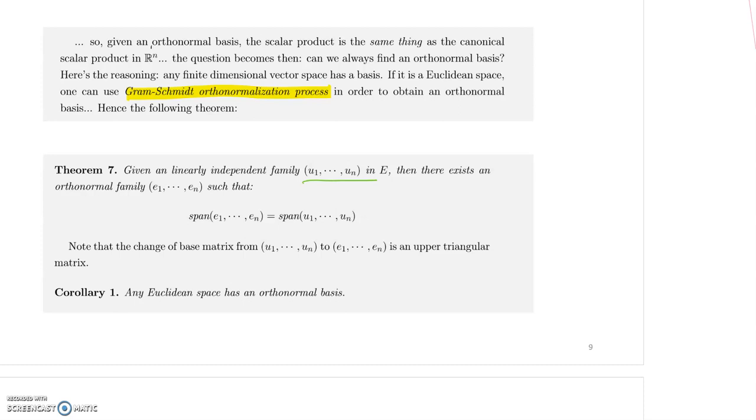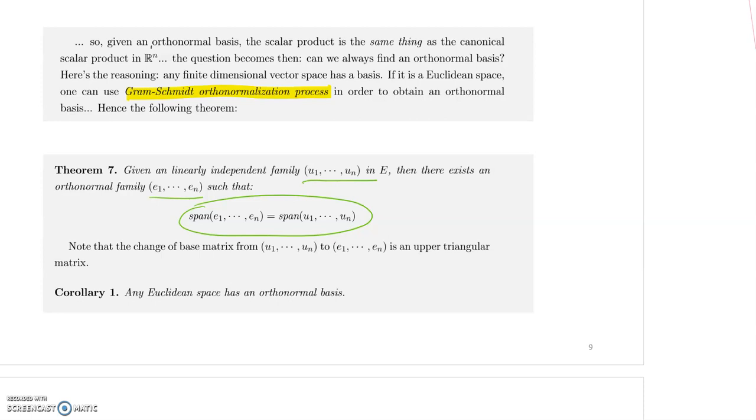But the important thing is that, given an independent family, we can build out of this family a new family where the vectors are two by two orthogonal and have norm 1, such that both families span the same space. And it's going to be a constructive proof because we're going to use the Gram-Schmidt orthonormalization process.